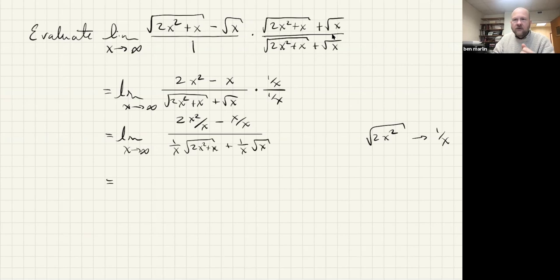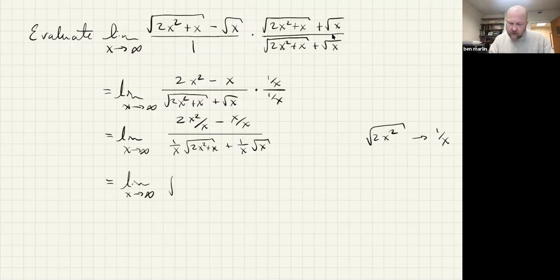So when you pull something into a square root, you have to square it. This is like if you take the square root of 4 times 5, it is the same as 2 times the square root of 5.